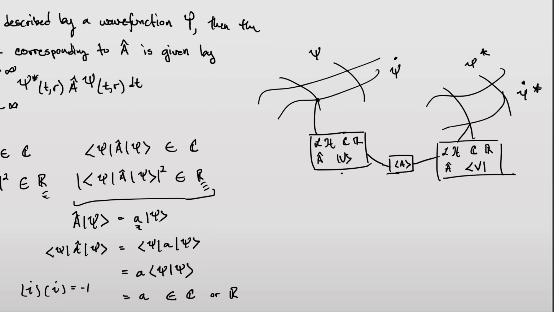So we can do stuff in this space, we can do stuff in this space, and we can link these two spaces together with our expectation value. And this is a very interesting idea that we can actually do this, right? Because this expectation value incorporates both of these guys together.